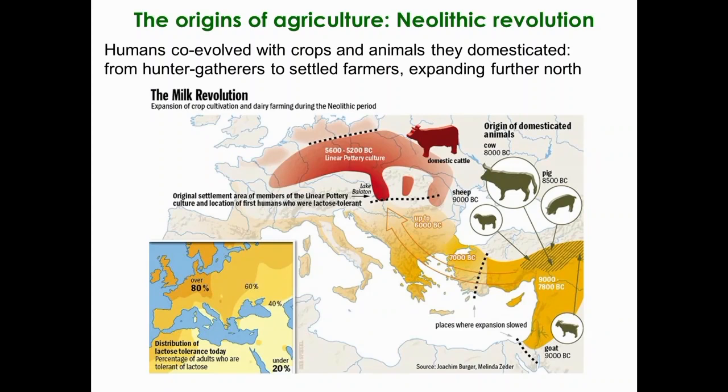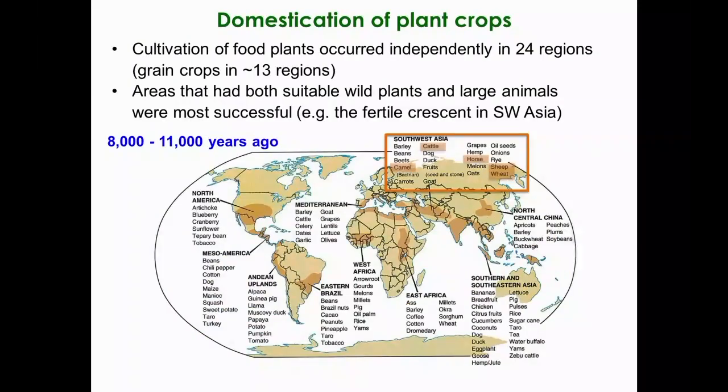Interestingly, what we see today is that certainly in large parts of northern Europe, the majority of the population, when we look at their genomes and also their characteristics, are now more lactose tolerant, compared to populations towards the south of Europe, which are predominantly more lactose intolerant. So this domestication process has also given rise to changes in us.